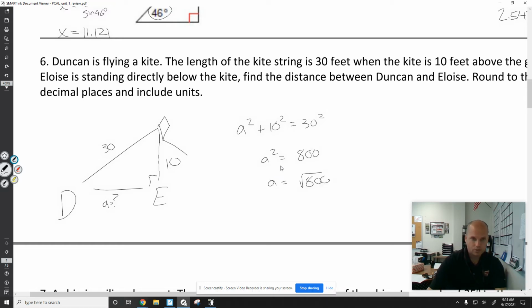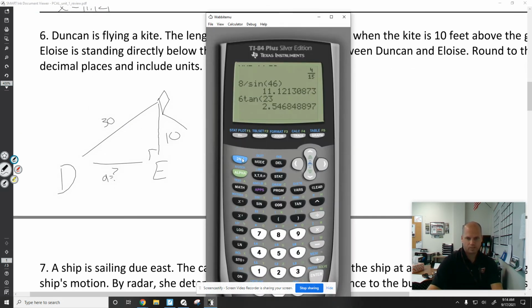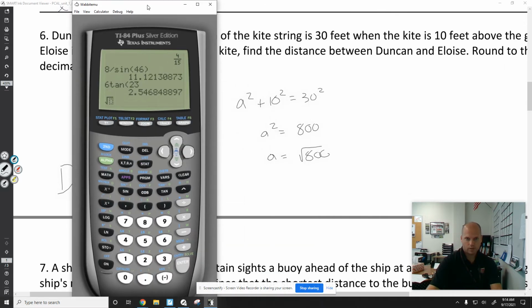They ask you to round to 3 decimal places, so we don't want to simplify that. We could simplify that by trying to find the biggest perfect square that goes into 800, but just make sure I got it right. 30 squared minus 10 squared. You go, square root of 800. 28.284.